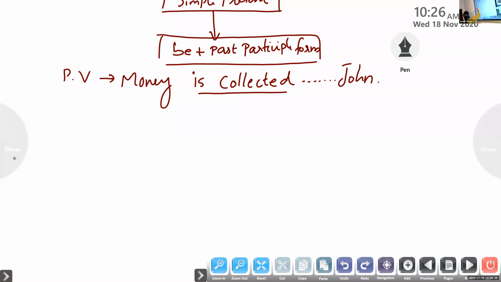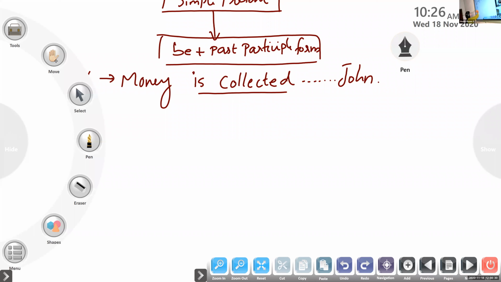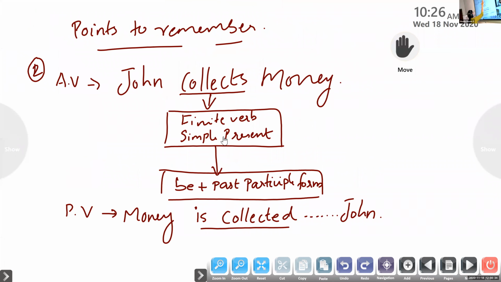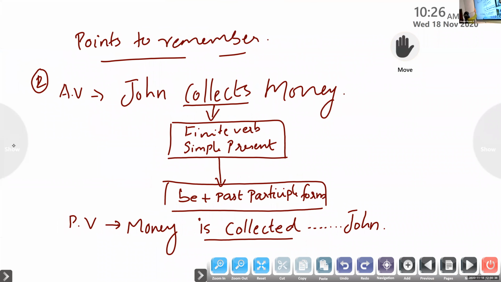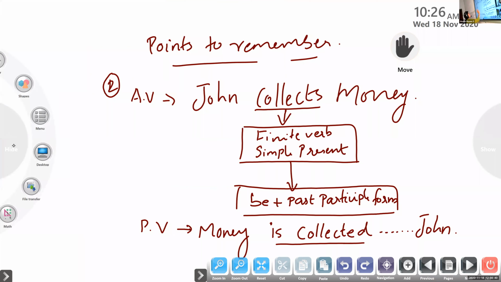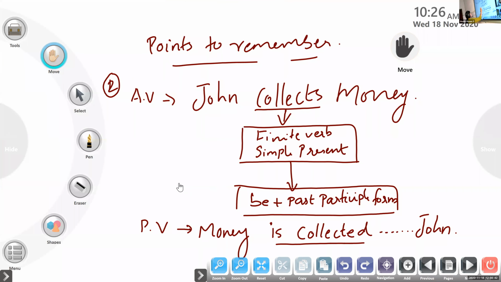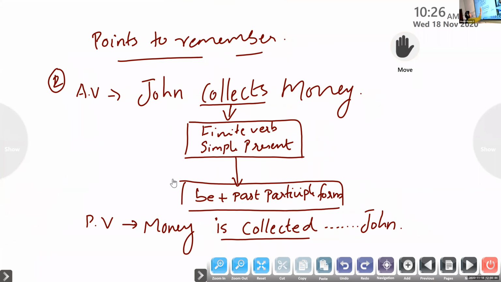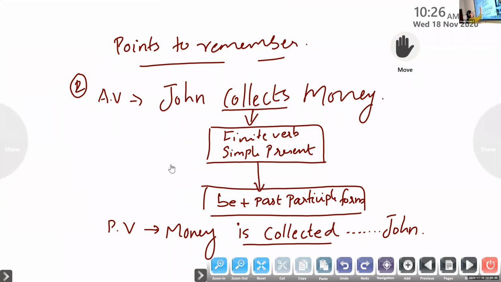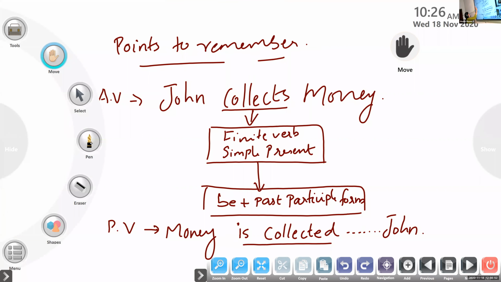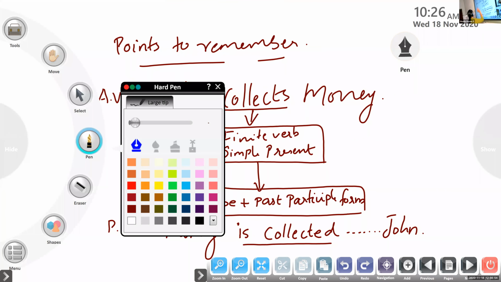Again, you write the same sentence once again. Active voice. Please write the same sentence. A few changes only. I'm rubbing the second one.